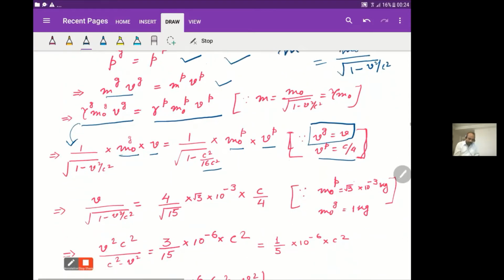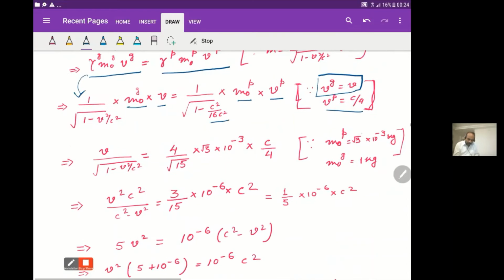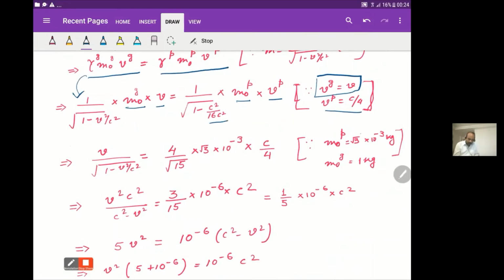So that gives us v by square root of 1 minus v square by c square. We know m naught of g, that means rest mass of gun is 1 kilogram. So 1, that is equal to, if we do this calculation, c square will cancel out. 16 will go to the top.